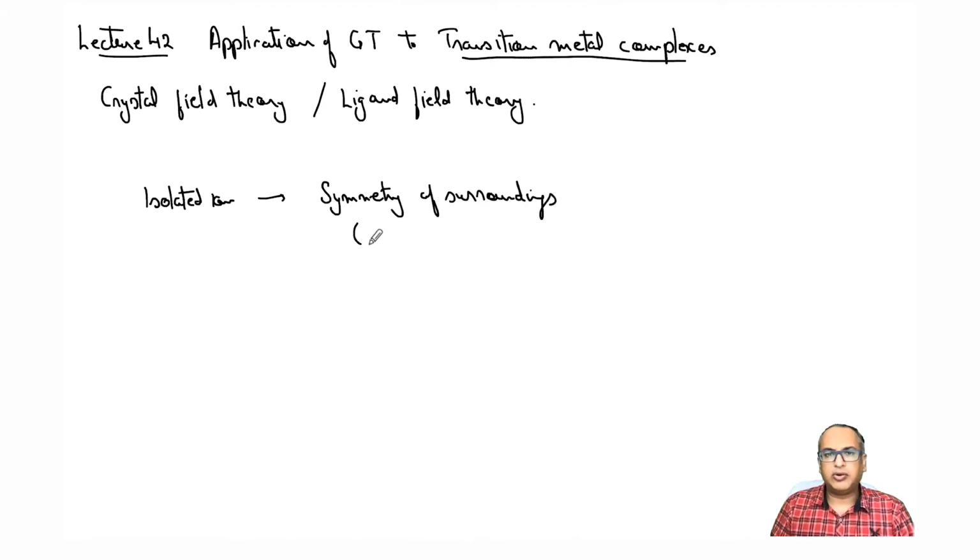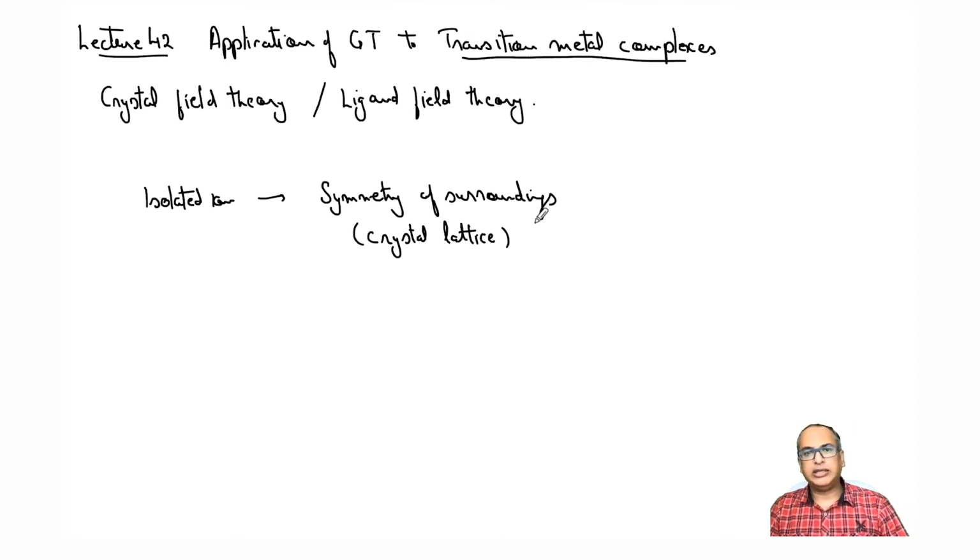The symmetry of the surroundings is created basically by the crystal lattice in which that particular ion is sitting, right? So the crystal lattice will define the symmetry of the surroundings. In what orientation different ligands are coming in, what kind of field is generated by the crystal, that will dictate the symmetry of the surroundings.